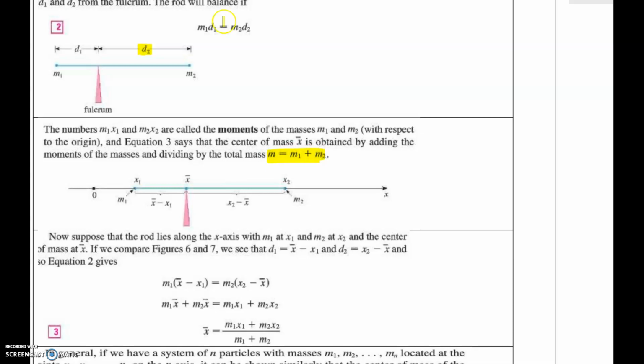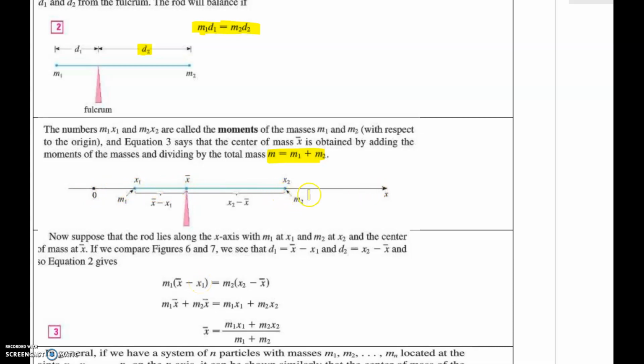Now we apply the same rule, M1 D1 equals M2 D2, that we used before. We consider M1, the mass, multiplied by the distance between the mass M1 and the fulcrum. Because the origin is placed here, the distance is going to be x bar minus x1.